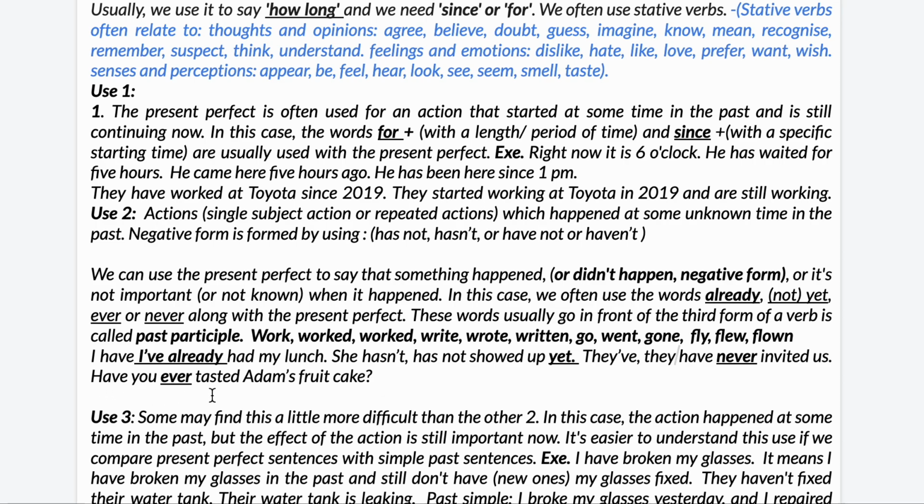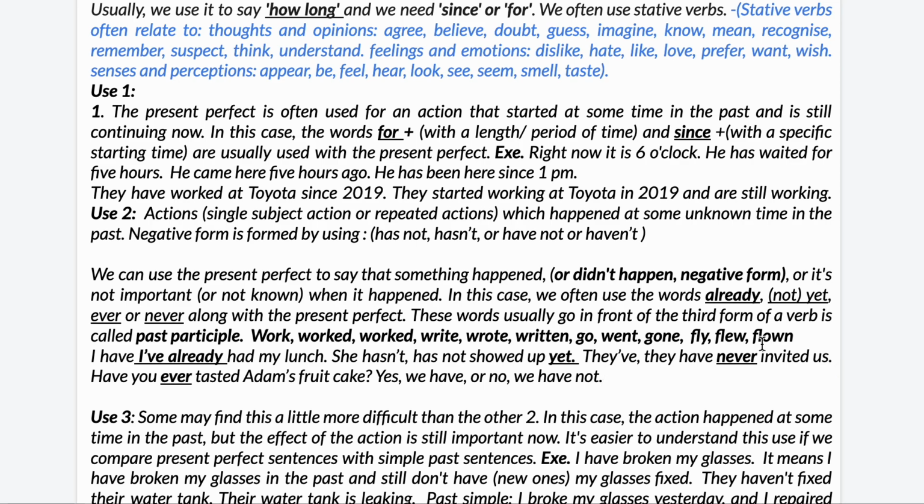Another one: Have you ever tasted Adam's fruit cake? Let's say Adam is a bakery, and we are asking a question. The answer is yes, we have, or no, we have not.